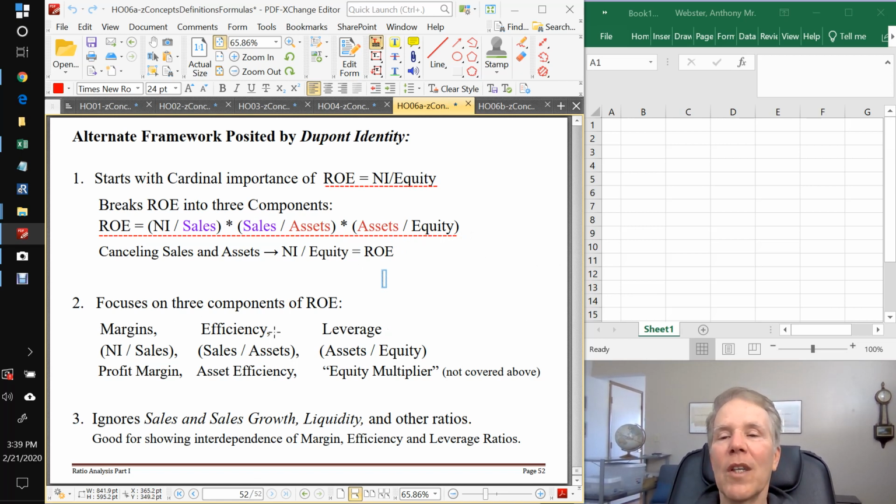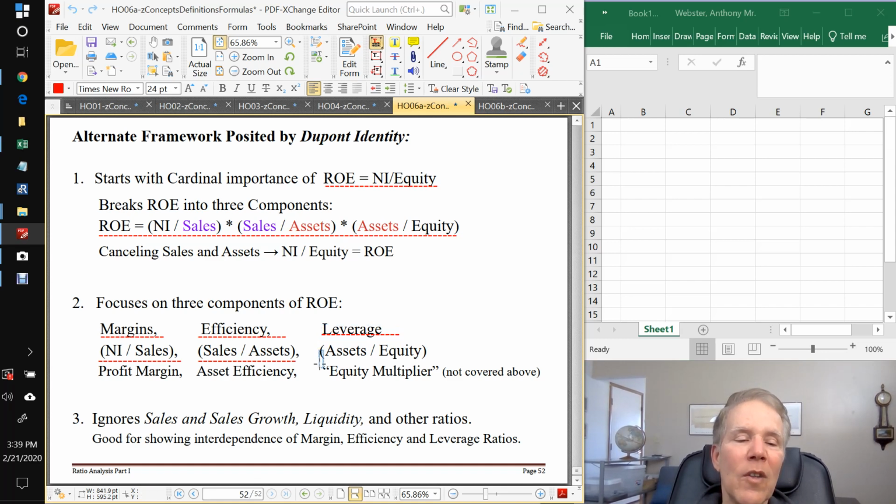So what does this mean? It means it's thinking about three components. Clearly, that first one, net income over sales, is thinking about margin, specifically profit margins. It's thinking about efficiency ratios. This was the first efficiency ratio we looked at, sales over assets, our asset efficiency, and it's looking at leverage. It's looking at it in a way that we didn't look at it. I don't know anyone in the real world that looks at leverage this way, but I guess some academics do.